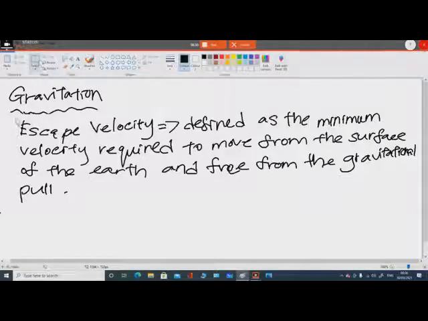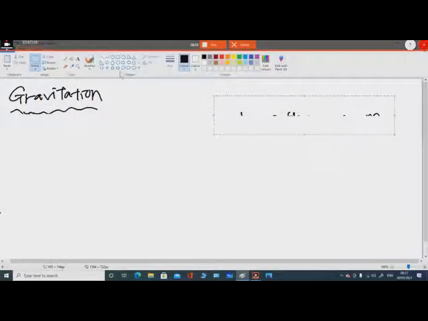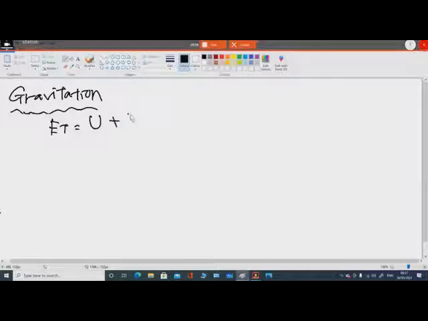So how can we derive the escape velocity of an object? We know that the total energy, as we discussed in the previous part, is equal to our gravitational potential energy plus the kinetic energy.